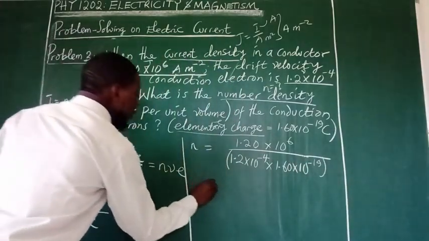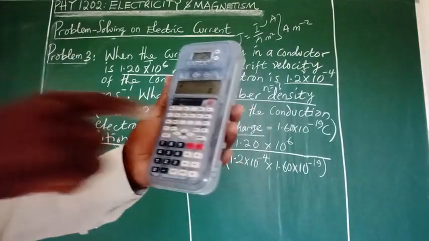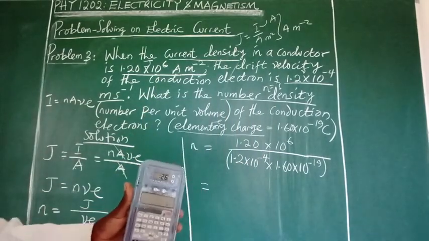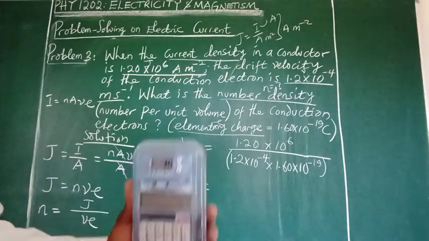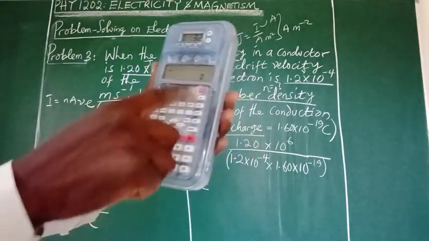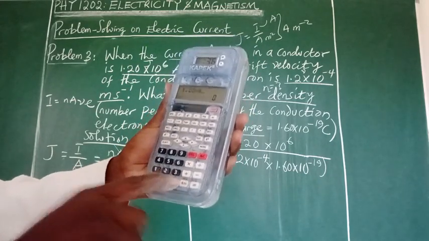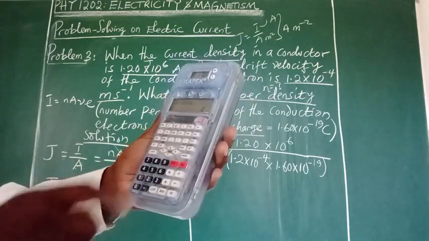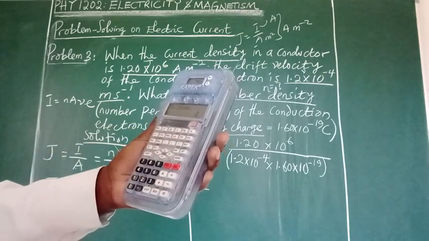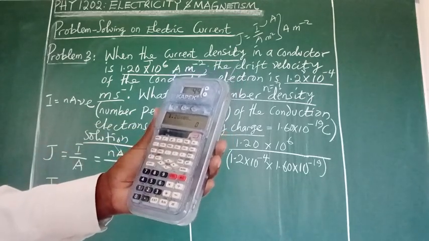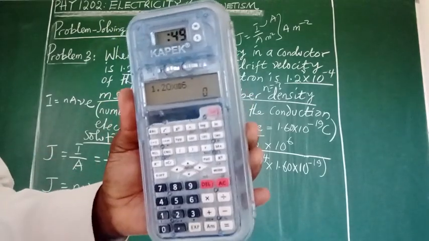Okay. Finally, we bring our calculator. So we start with the numerator here. The numerator is 1.20. So we say 1.20 exponential 6. The 6 has no negative attached to it.